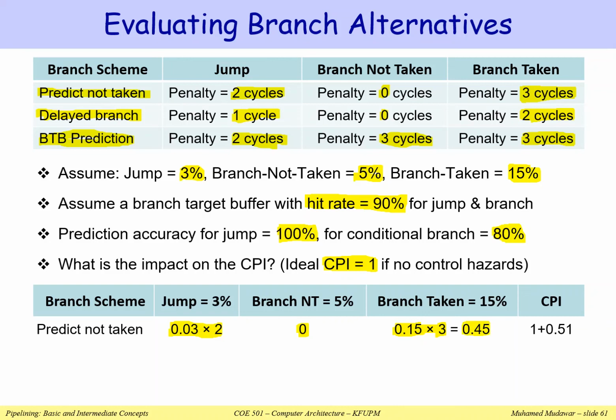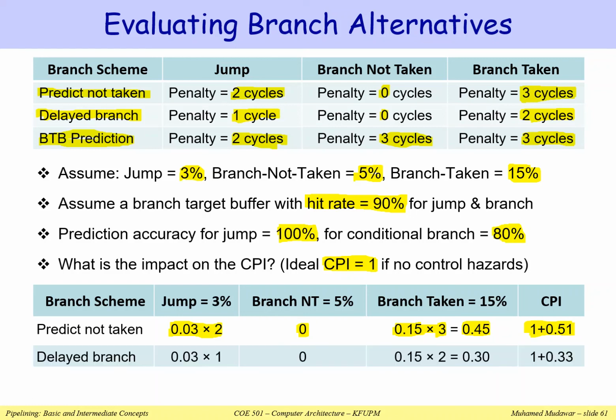If you add 0.06 plus 0.45, we get 0.51. So now the CPI is increased to 1.51. This is the CPI when the branch scheme is predict not taken.